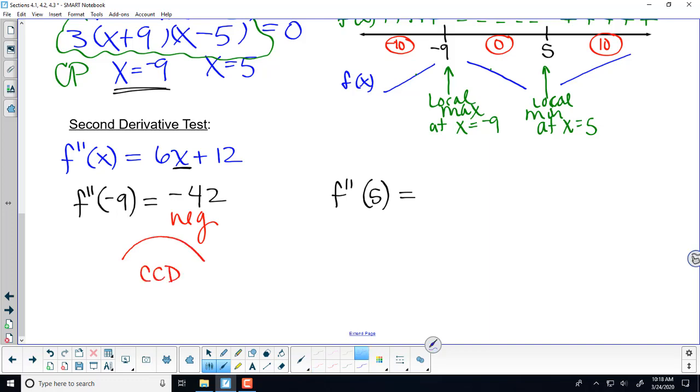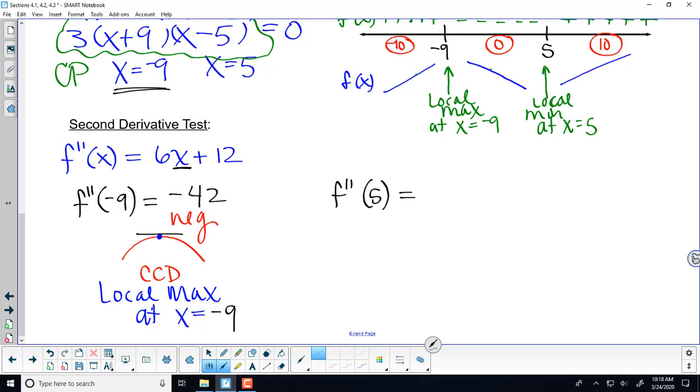Okay, so at that critical point, it must be a maximum, because we know it's a point on the graph where the tangent line is horizontal. It's concave down at that point, so it has to be a max, which is, I believe, what we found with the first derivative test.